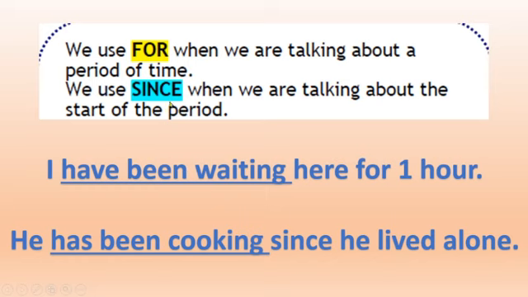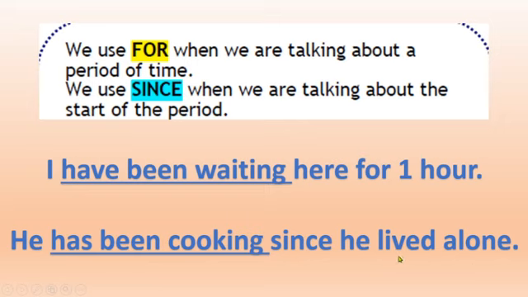And since, we use since when we're talking about the start of the period. The difference is that with since you have a moment, a date. For example, I have been waiting here for 1 hour and he has been cooking since he lived alone. Okay, since, because he lived alone is a moment.